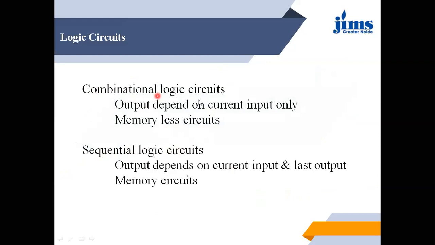In a combinational circuit, the output does not depend on the last output values, meaning the output depends only and only on the current input, and no memory device is used.